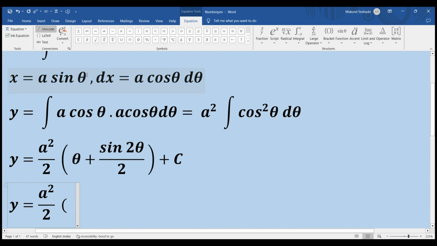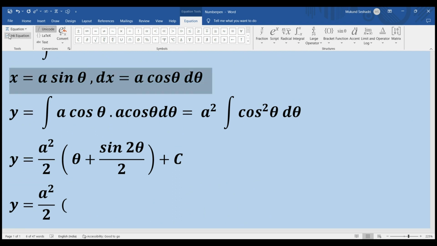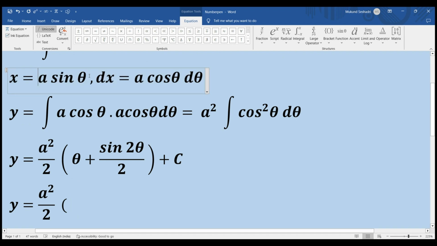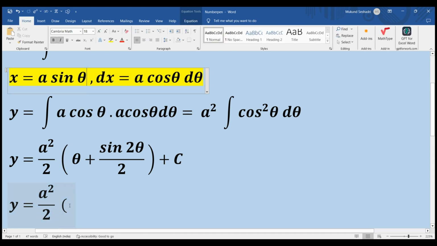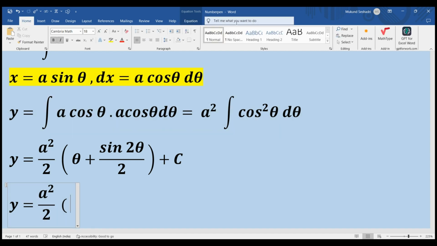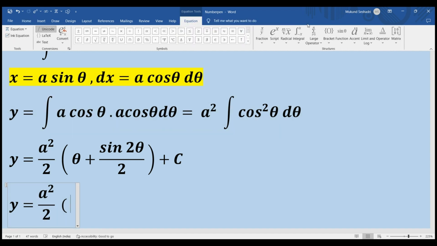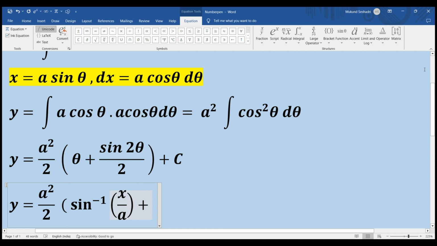The substitution that we made, and let me highlight it here, is x equals a sine theta, right? So what is your theta? It's nothing but sine inverse of x by a, right? So the first part becomes a sine inverse of x by a. That's my part one.